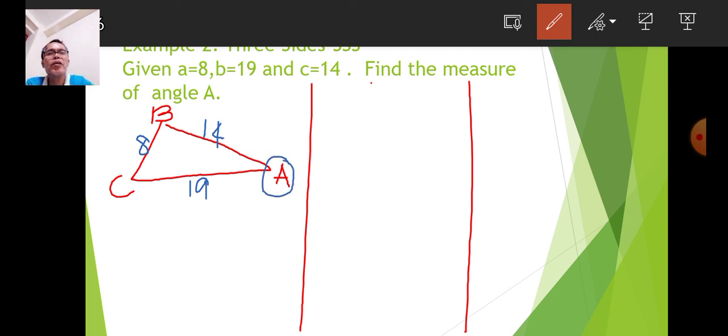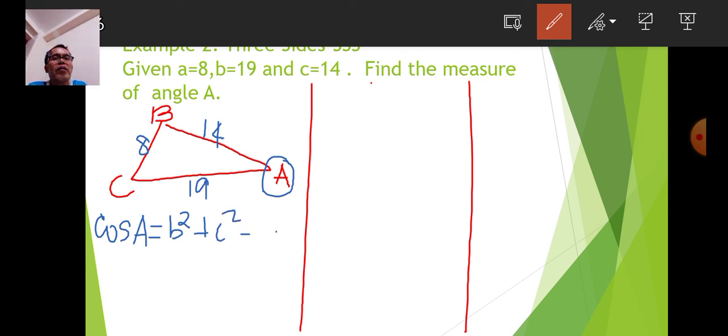So therefore, you can have cosine A is equal to B squared plus C squared minus A squared over 2BC.